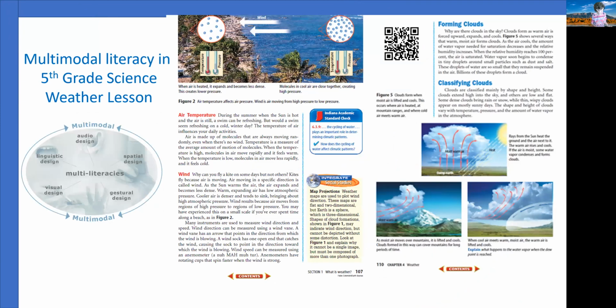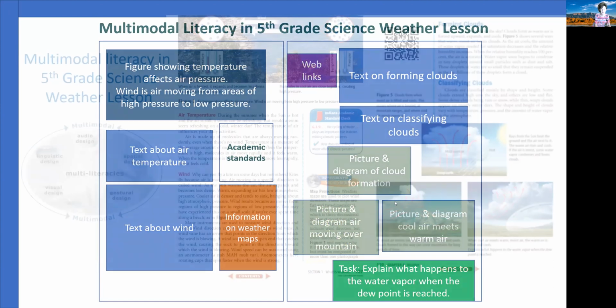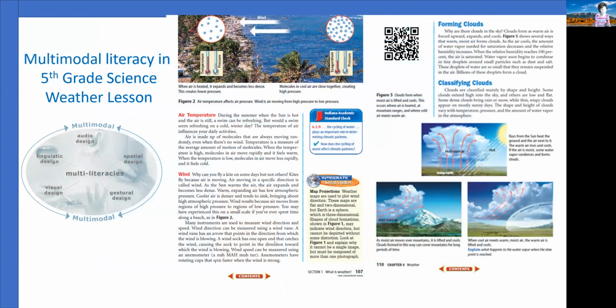Now, many of those modalities have crept into print text. We see that happening with this science text. We see some of the traditional print here, but we also see photographs and graphics. We see some other print areas. We see a QR code that's going to take you off to an internet site.